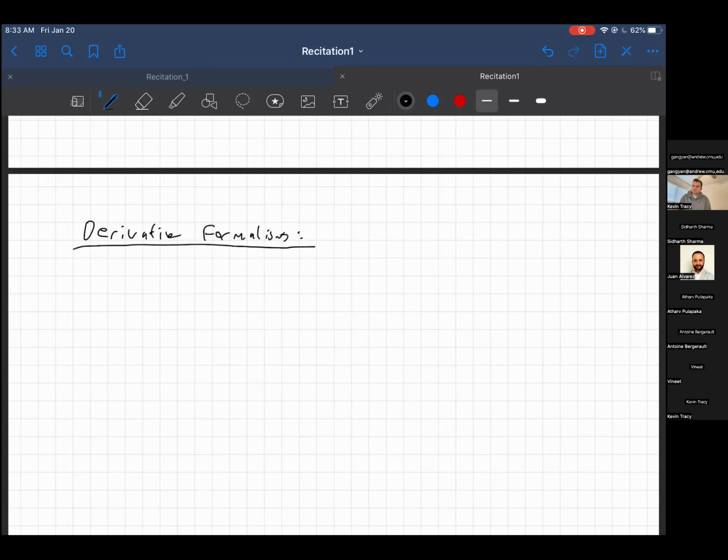Derivative formalisms. I'm going to talk just from a generic case. If I have some function f, the way you'll see these things written out is f: Rn → Rm.